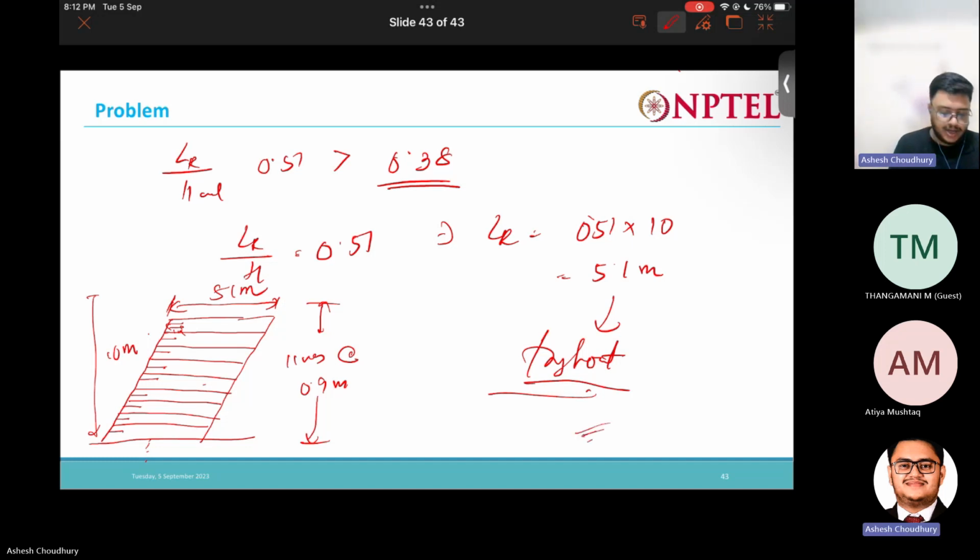So with this we end the design of embankments and slopes. In the next class we will try to solve whatever problems are being solved in class.